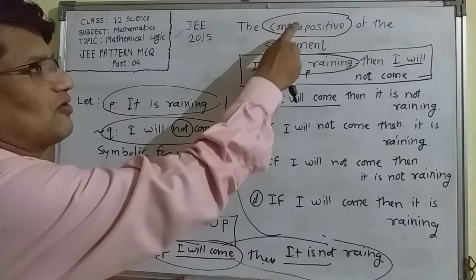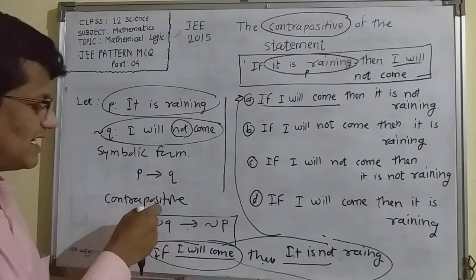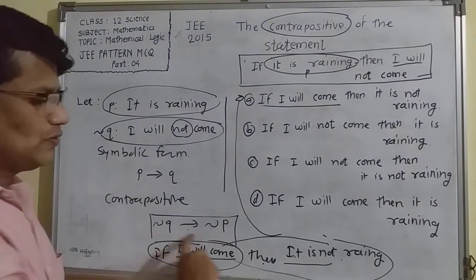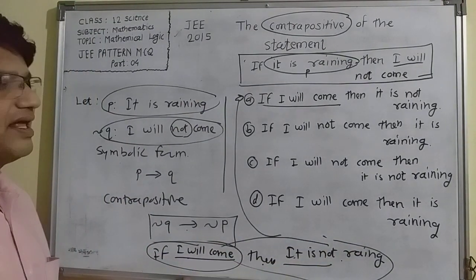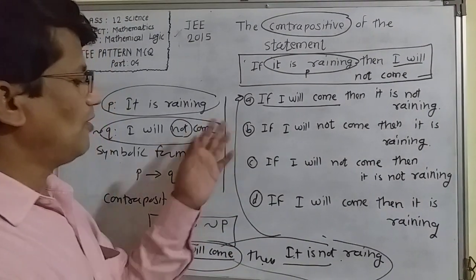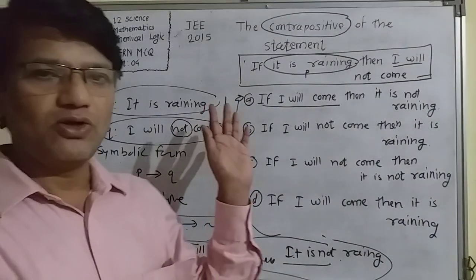If the converse is given or the inverse is given, then make the proper change to this implication form. A new statement will be formed, and look for such a statement in the given options. Thus we finished our topic.